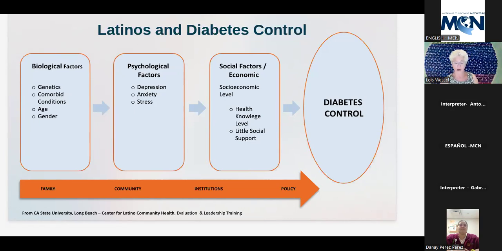Many of them talk in their application about how they themselves have been diagnosed with type 2 diabetes, or maybe a family member has. And so they bring a lot of personal experience and knowledge to helping patients get diabetes under control.